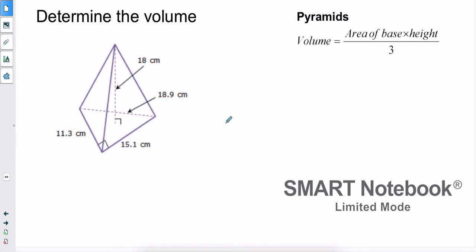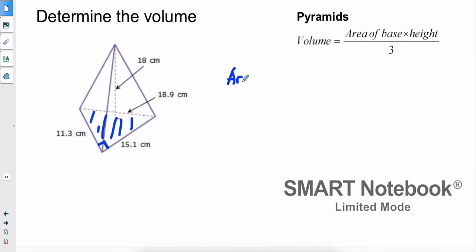In this triangular pyramid, we see that the base is a triangle, a right angle triangle. All 3 sides are known, but of course you need to know which information you need. Because it's a right angle triangle, we can safely take this side and that side perpendicular to each other as the base and the height of the triangle, so that makes it easier.